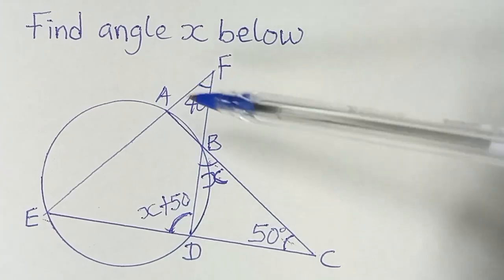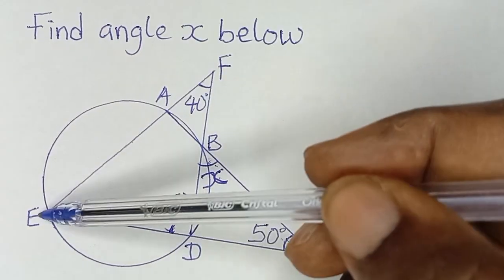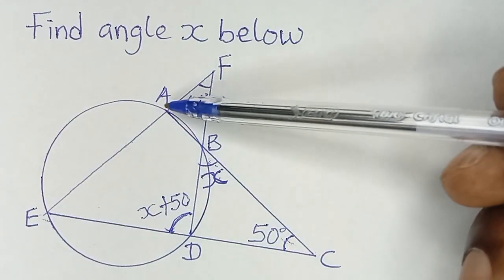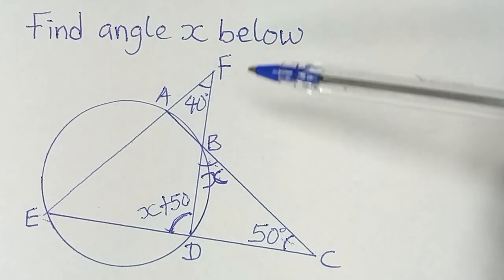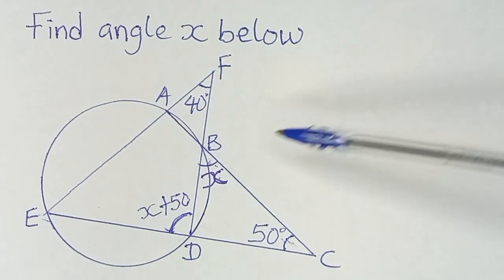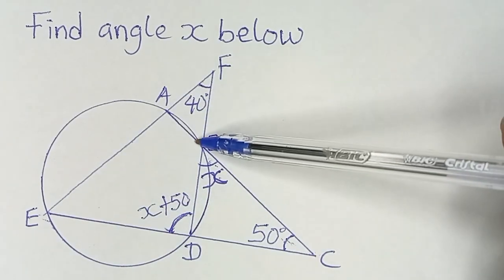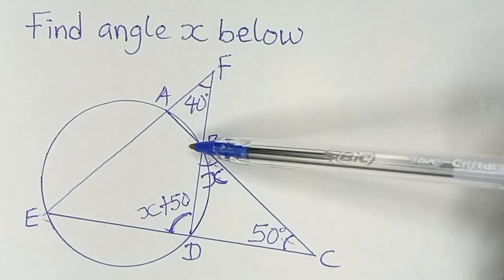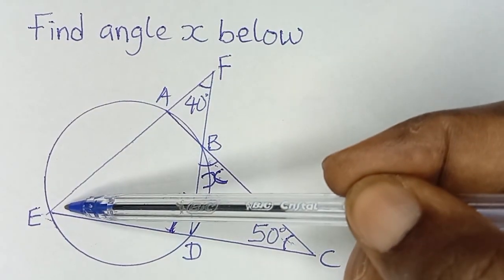Okay, now let's move on to this quadrilateral ABDE. If you look at this quadrilateral ABDE, you are going to see that there's an exterior angle of this quadrilateral. This angle at point E and the angle at point B are the opposite angles of a cyclic quadrilateral.